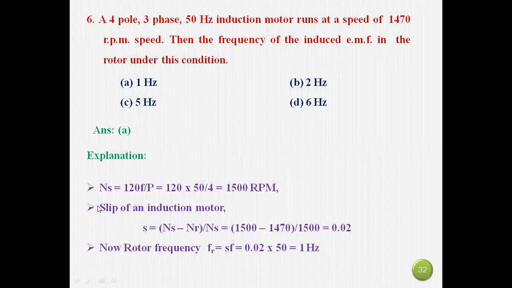At that time, how will you get it? We have Fr equal to s into F, and s equal to (Ns minus N) upon Ns. But for that, you again need Ns, and we have Ns equal to 120 F upon P. So firstly, we will solve Ns: 120, frequency 50, upon number of poles 4.